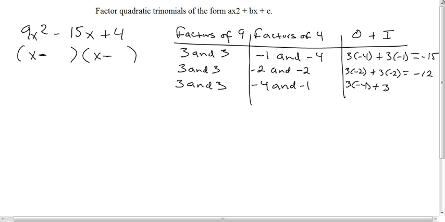Oh, I did that incorrectly. So we have outer, which is 3 times a negative 1, and inner plus 3 times a negative 4. And believe it or not, that's going to give us negative 3, negative 12, negative 15.